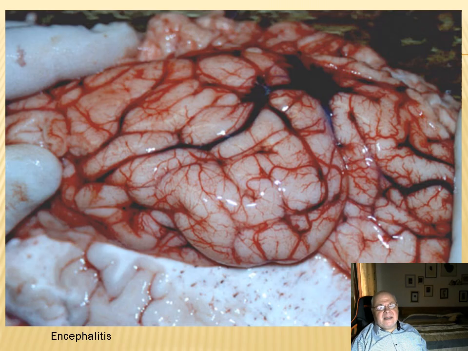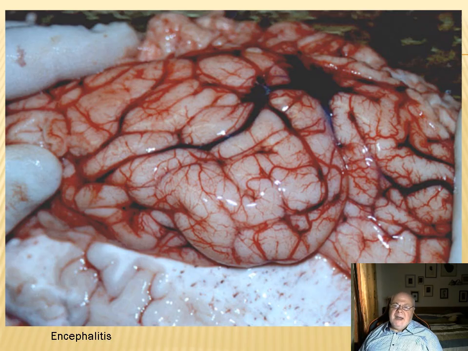These are the sites visible on the outside, but at autopsy at least, and surgeons also, can see inside the body, and inside the same thing is happening. Here, for example, is an image of one of my cases, a 2-year-old boy who died from a viral encephalitis.